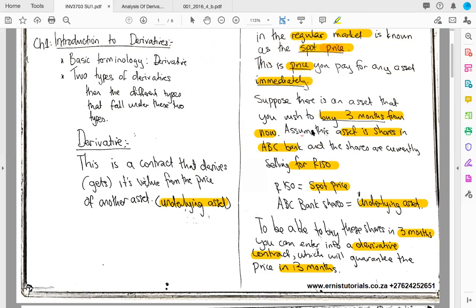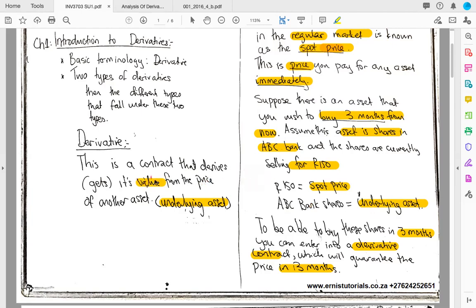So the benefit of the derivative contract, which is the value of the derivative contract, will actually depend on what the price of the underlying asset is at the time you want to sell it, if you are the party who's selling the asset in the derivative contract, or the price at which you'll buy it if you're the party who's buying in the derivative contract.